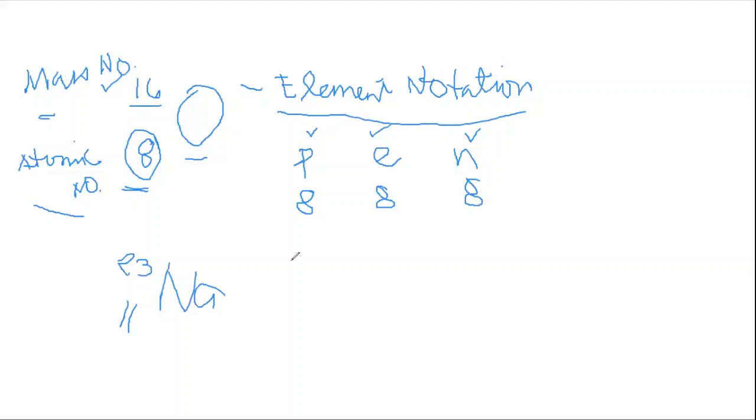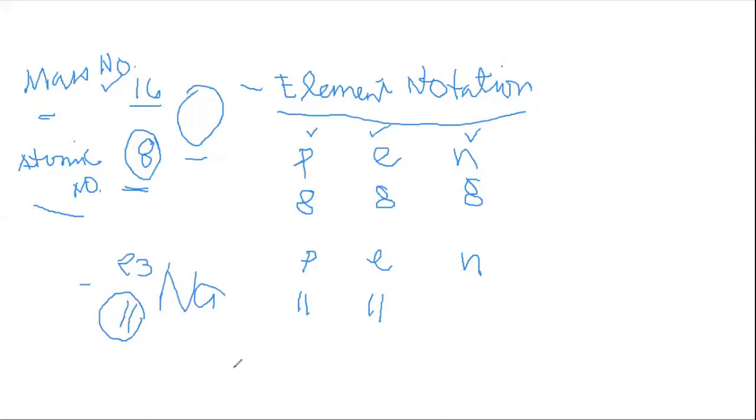Okay, so para madali nating makuha, let us again compute the number of protons, electrons, and neutrons. Okay, so sabi natin, kung ang atomic number ng sodium is 11, definitely the protons will be 11 and then the electrons will be 11. However, in computing for the neutrons, we need to subtract the mass number to its atomic number.